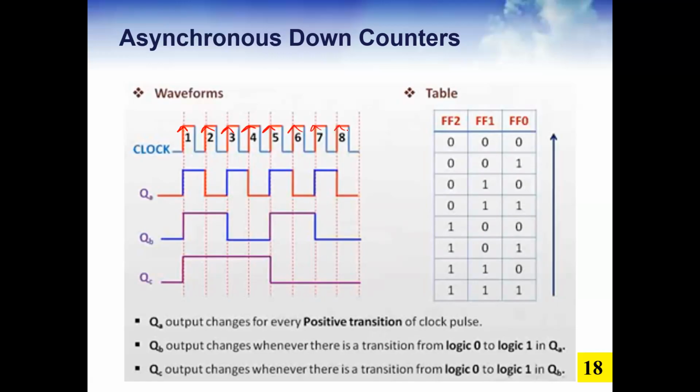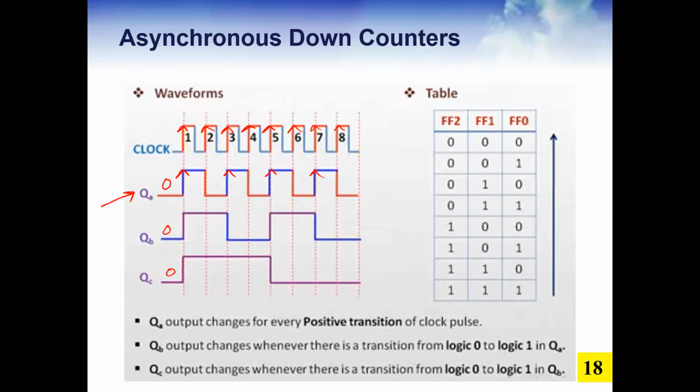For initial values, we consider that all flip-flops are at 000. This clock is triggering QA, basically the first flip-flop, and this one will be triggering the next one. This is the positive edge of the left flip-flop's output, so based on that, the next one will be triggered.